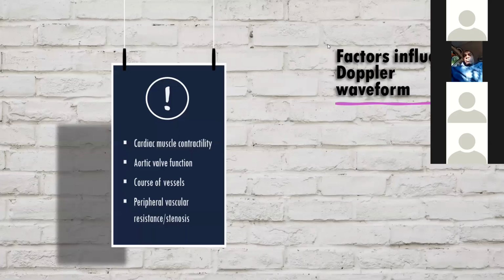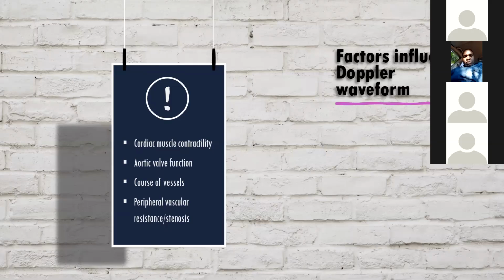So now I am telling you what factors influence the Doppler waveform. The first is cardiac muscle contractility, you know. If the heart muscle cannot pump well, the output will be less and you will not get very good flow, and that would be shown in the spectrum.